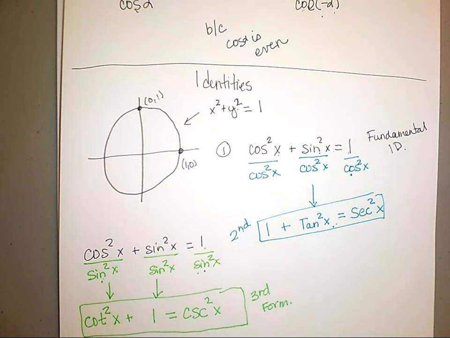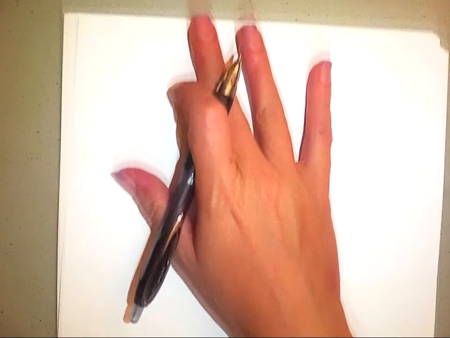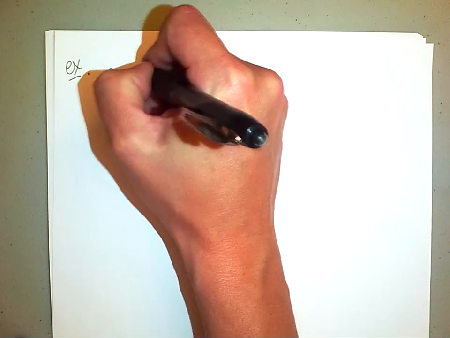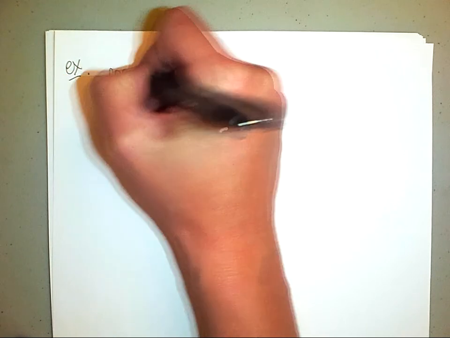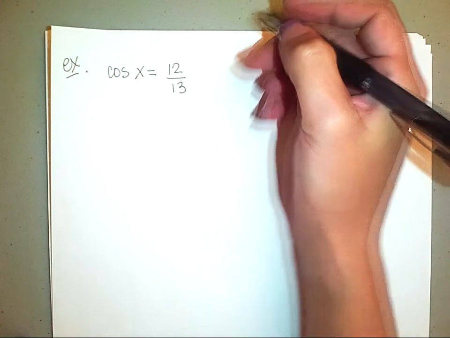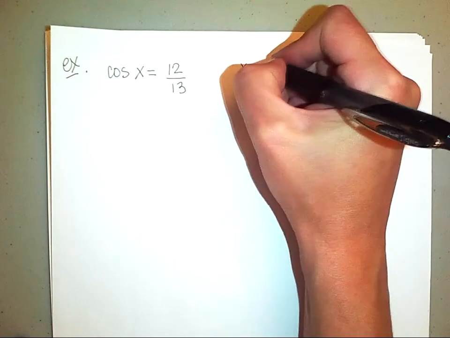Okay, let's do an example where this might be helpful for us. So for example, let's say that we have the cosine of x is equal to 12 over 13. And we'll say that x is in quadrant 4. Okay.